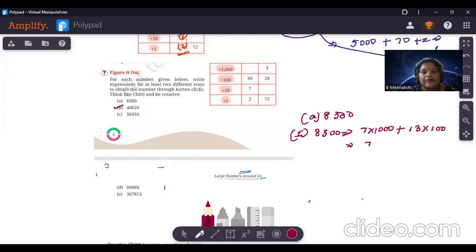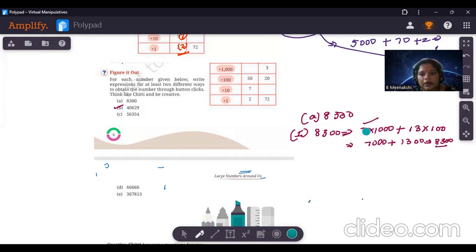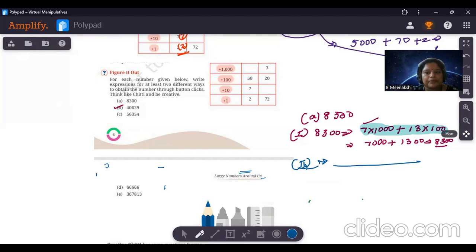So you can say 7000 plus 1300. This will give you 8300. So this is one way. Likewise, you can try to find out the second way and give your answer in the comment box.